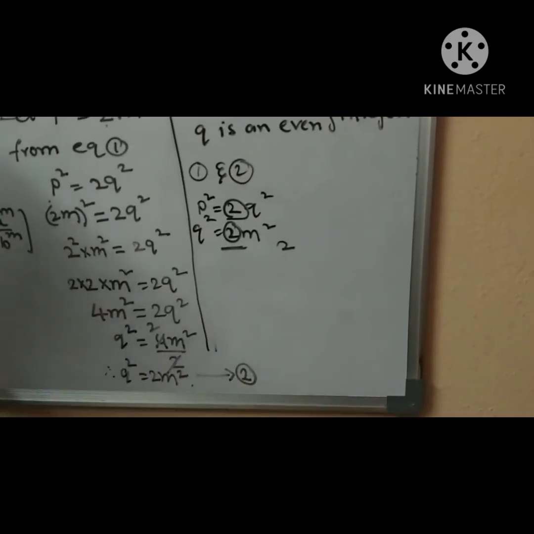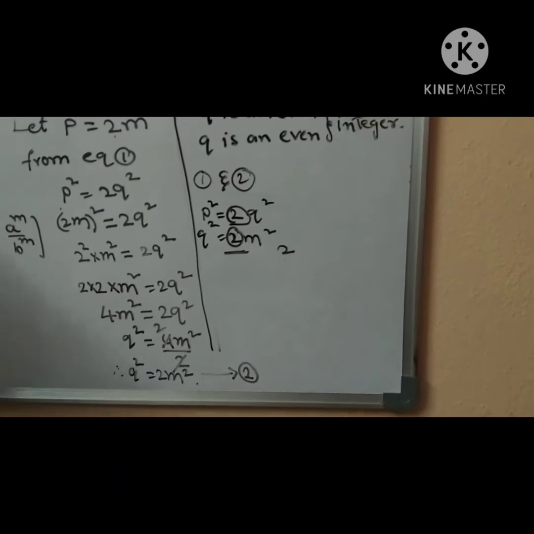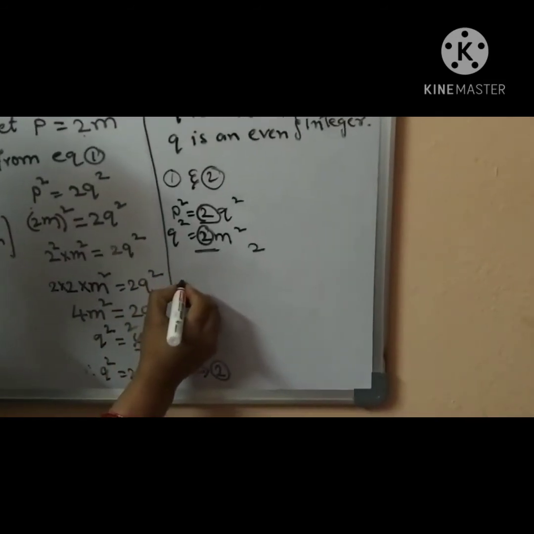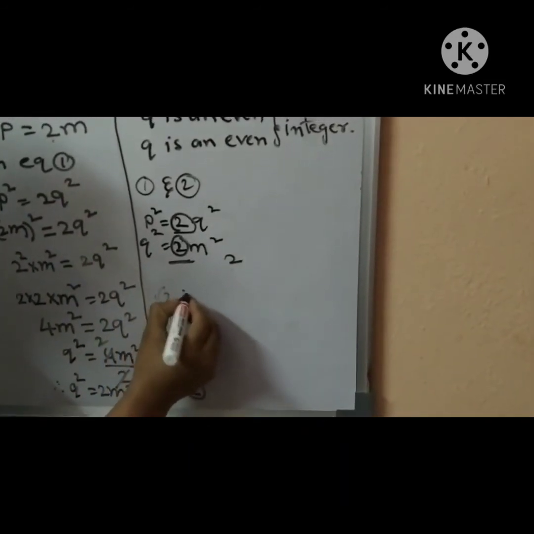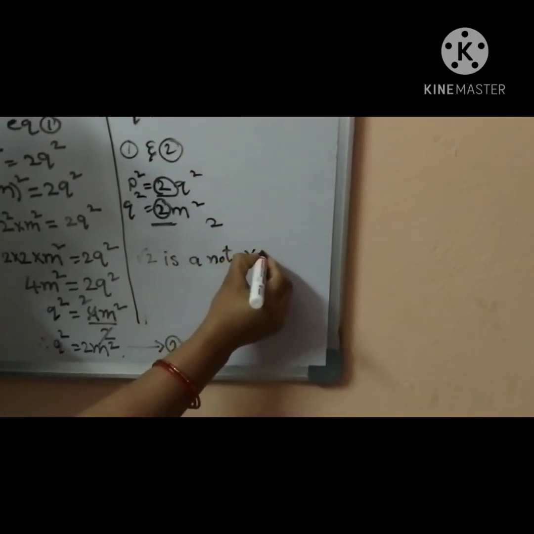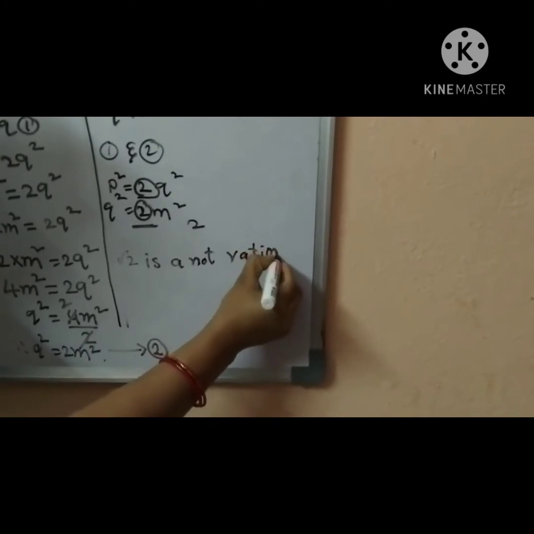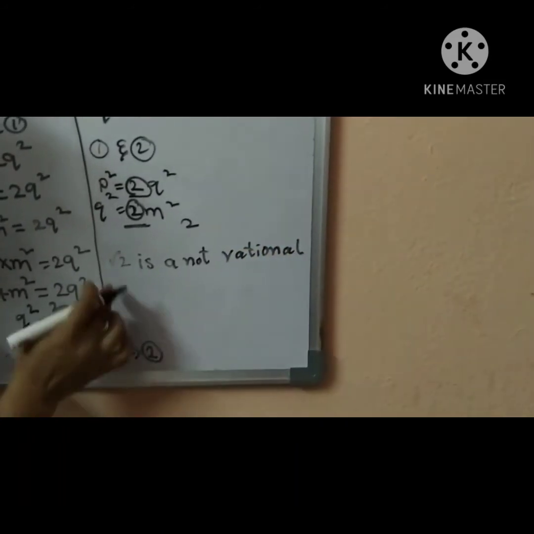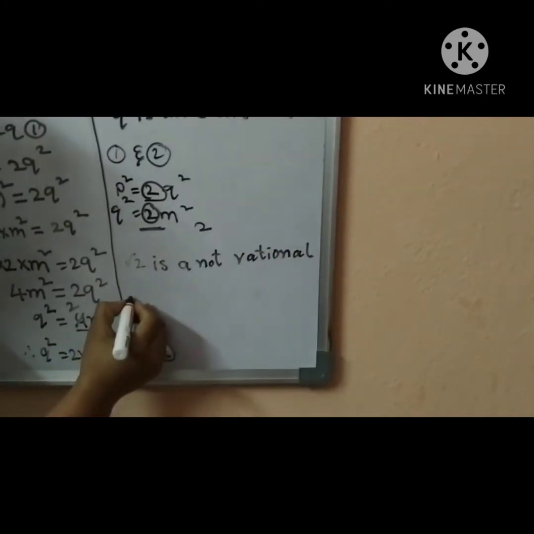Therefore root 2 is not a rational number. Common factors are not there, so root 2 is not a rational number.